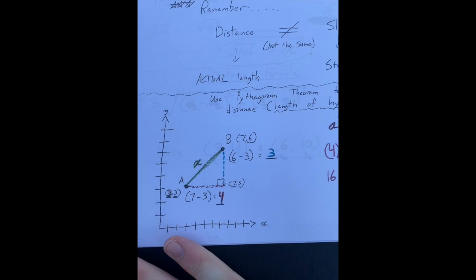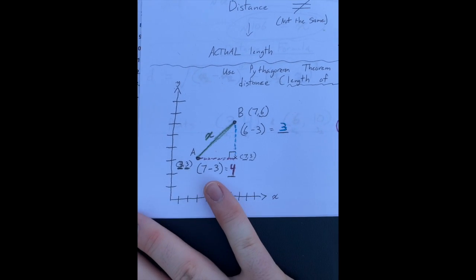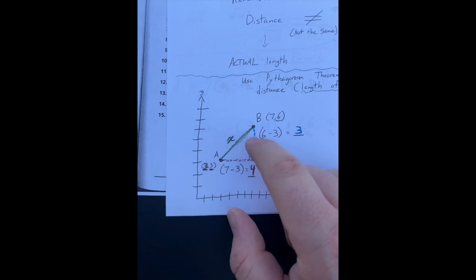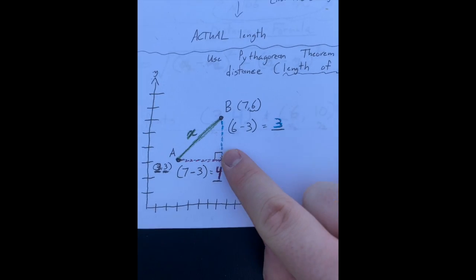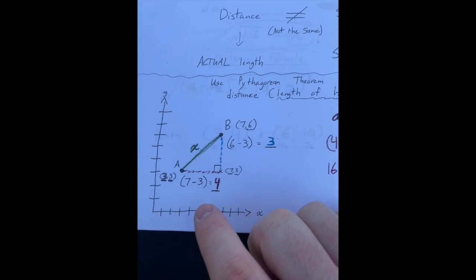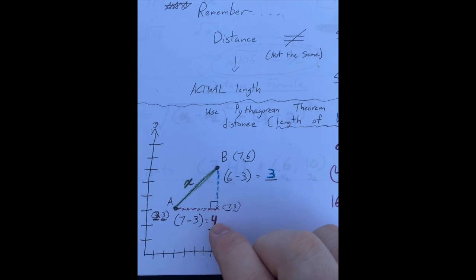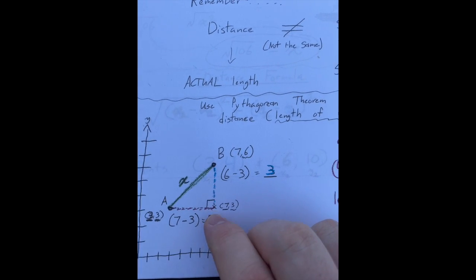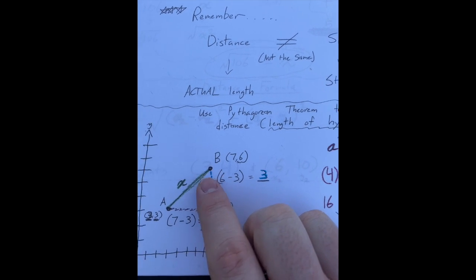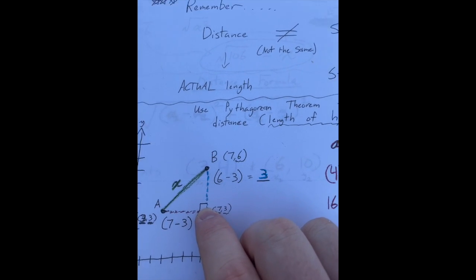It's kind of like drawing a few more segments so that we make a right triangle. We find our starting point and go across horizontally until we are underneath the point of our destination. Then we draw a vertical line going up.